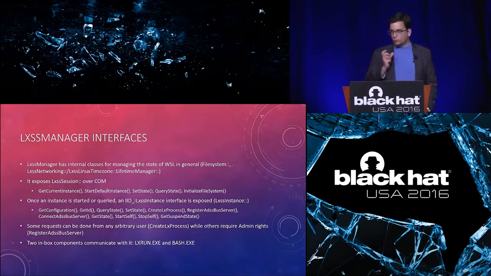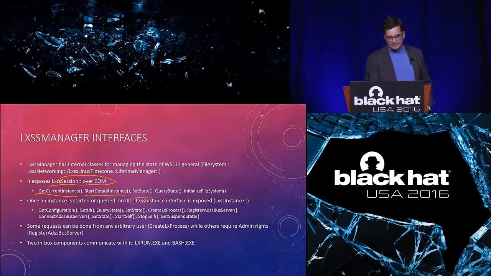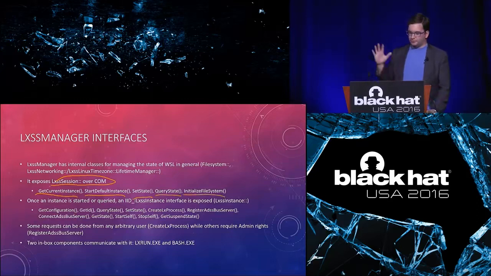Now, it has one single interface, which is LXSS session. And with that interface, you can ask it to start a new instance, to get the current instance ID, to change the state of an instance, to get the state of an instance, or to initialize the file system for the first time when you first install the thing and lay it down.